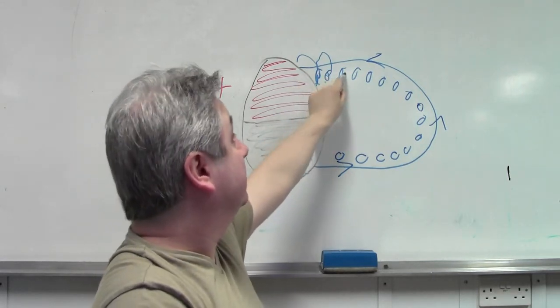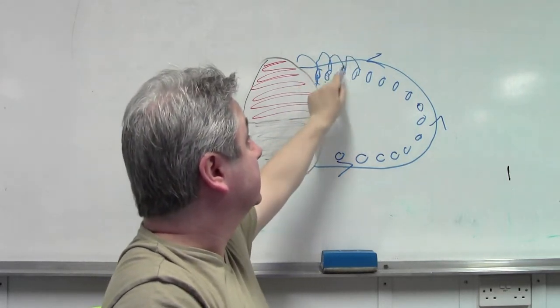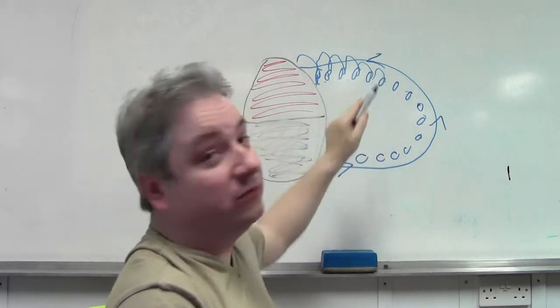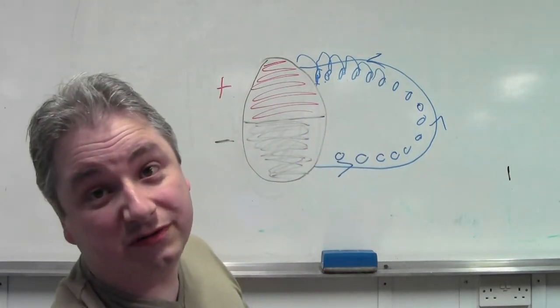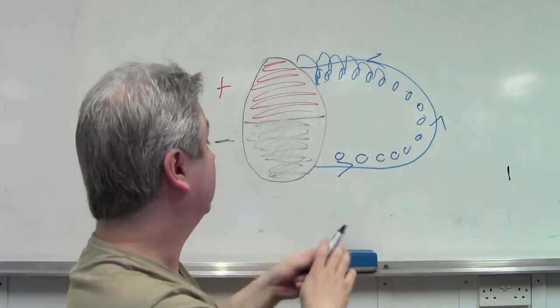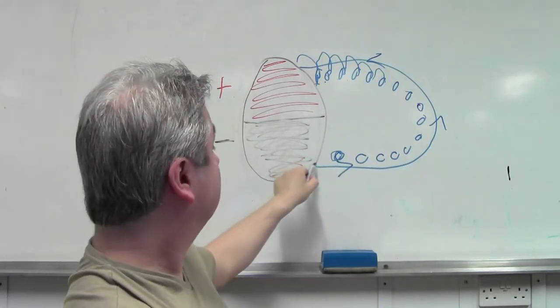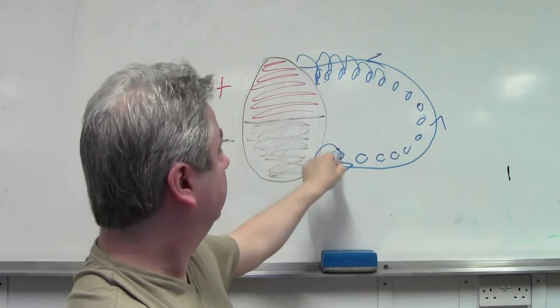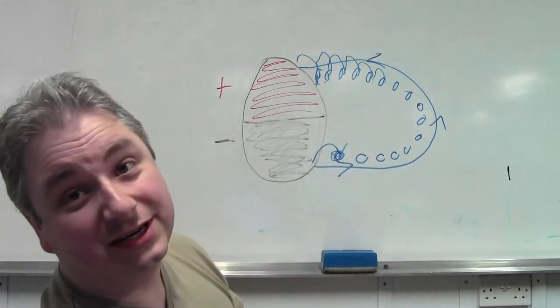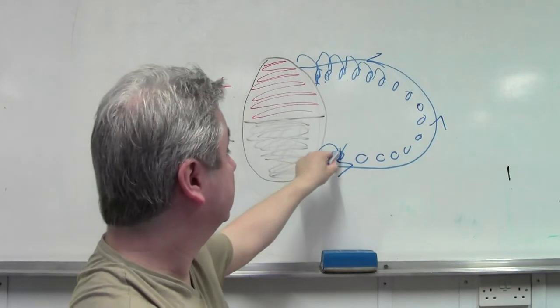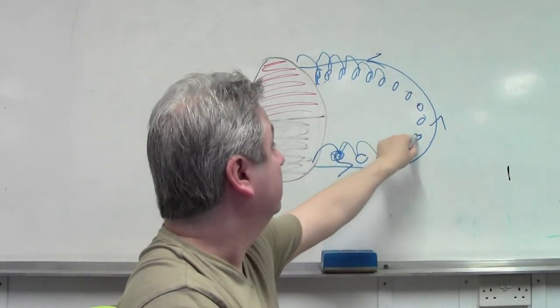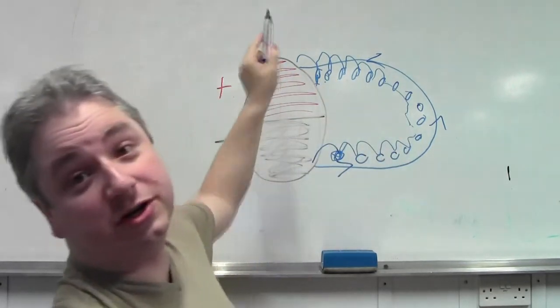And this one again migrates to this one, to that one, to that one, and you get this pass-the-parcel effect taking place until you get all the way back to here. This one's got a lack of electrons now, and from the negative side it drops in, and eventually this one will migrate its way all the way around to the positive.